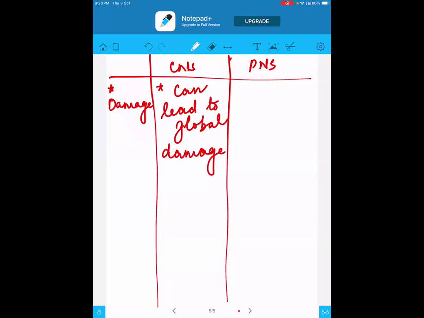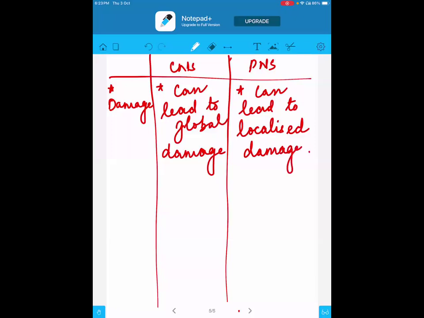So if in our body the central nervous system is not functioning properly, the whole body can suffer. Whereas in the case of the PNS, it can lead to localized damage. Localized means only a certain organ or certain part will get damaged, or certain nerves will get damaged.